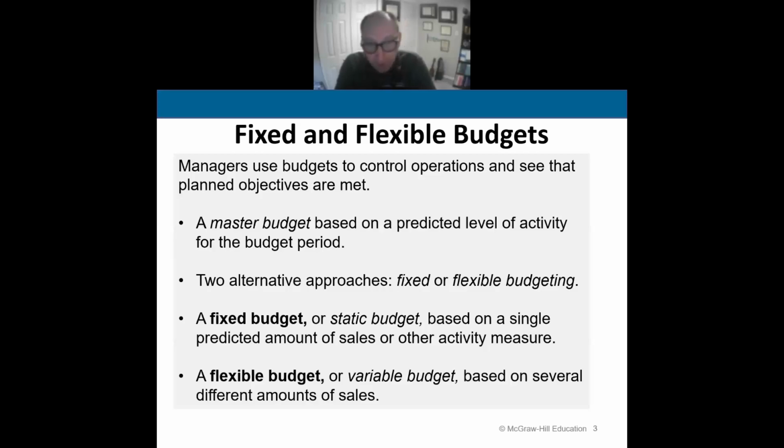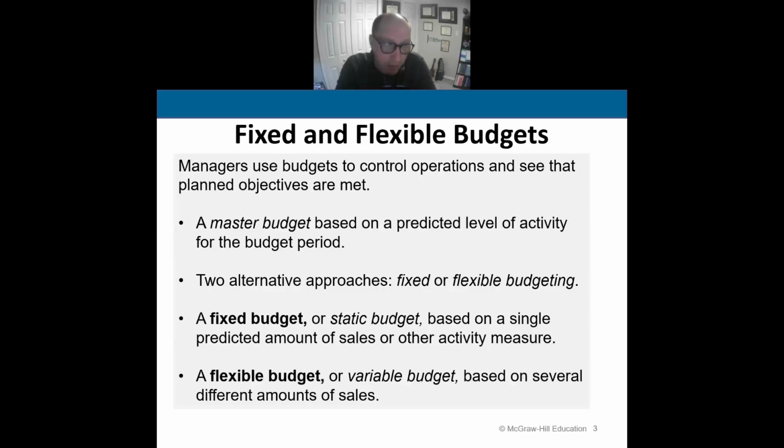Fixed budgeting is also known as a static budget, which means it does not change regardless of the level of activity. Fixed or static means it does not change regardless of the level of activity, meaning I cannot make changes to that budget regardless of what happens.